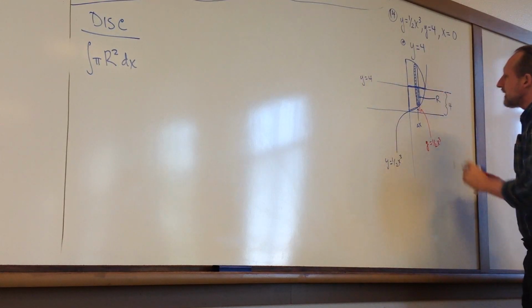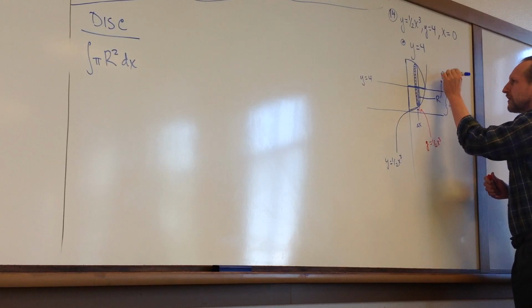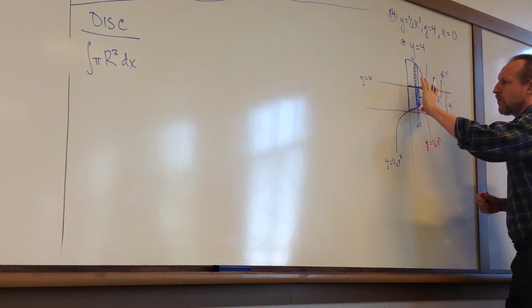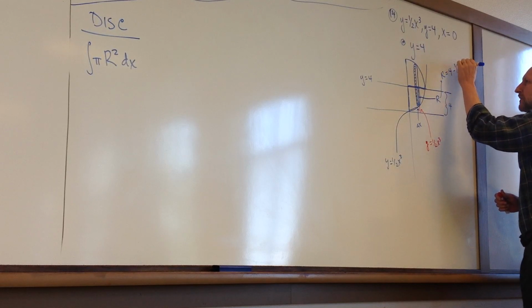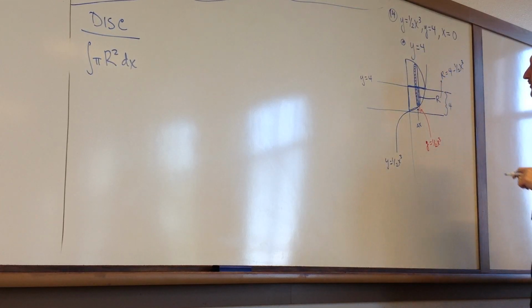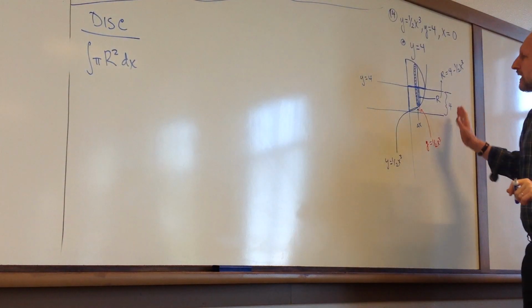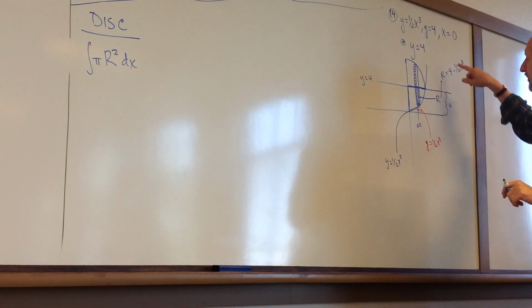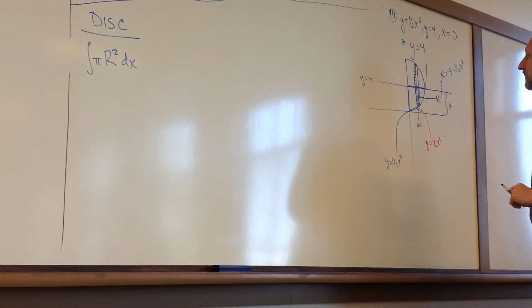So our radius, let's put it up here, the r is going to be 4 minus the function value, 4 minus a half x cubed. Okay, so that's the first step in doing these: if you're not rotating around the x or y axis, frequently you'll have to play around to figure out what that radius is going to be.